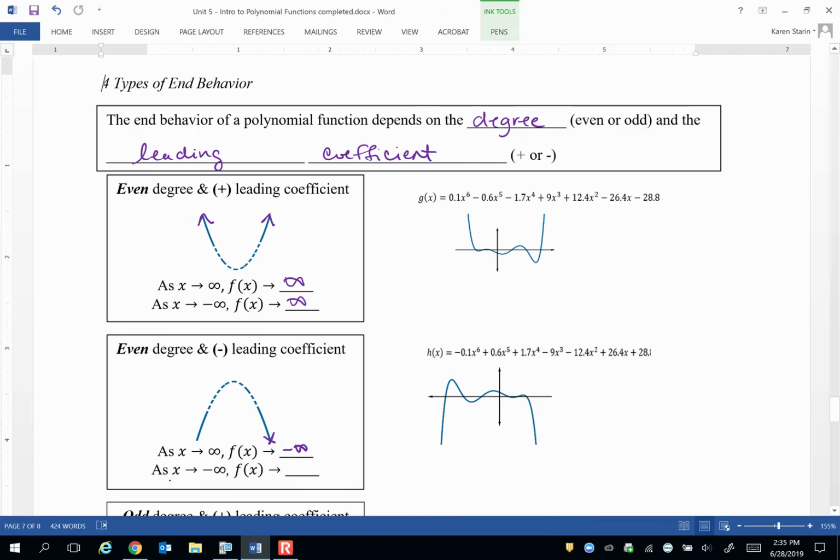Also, as x approaches negative infinity, f of x will also approach negative infinity. So h of x is an example where we have an even degree function with a negative leading coefficient. So we have both values of the function on both ends approaching negative infinity.